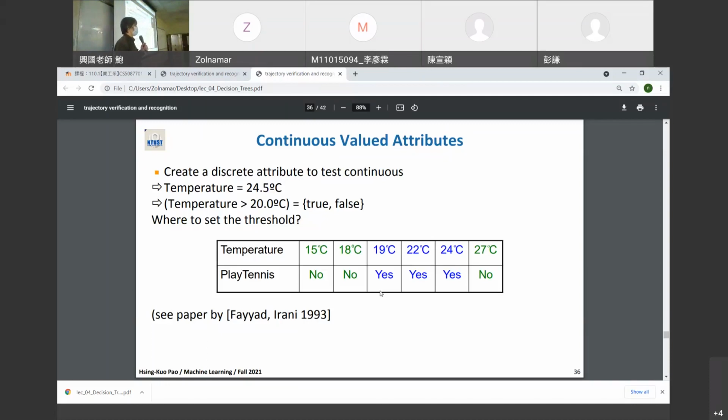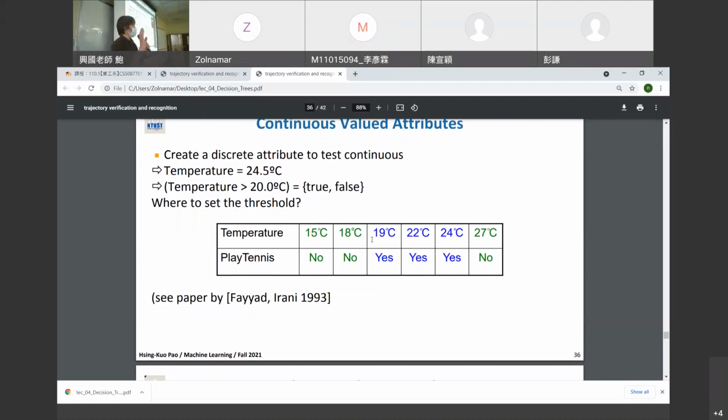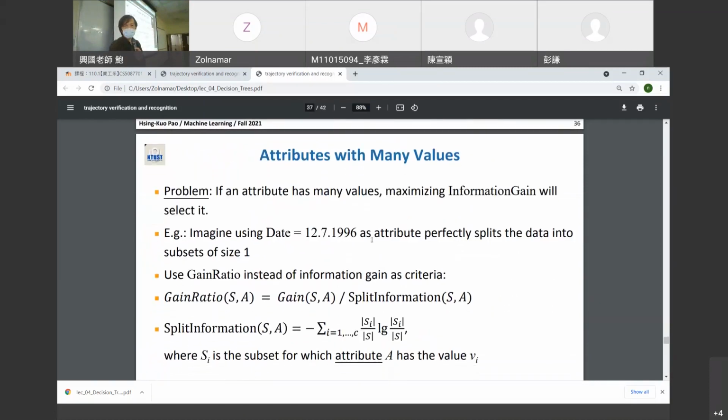Whether you want this to happen is up to you. If you don't, maybe you can try some other way to downweight it, and we'll talk about that in a few minutes. But if we don't do anything, the continuous attribute will usually be favored. That's something you have to pay attention to.